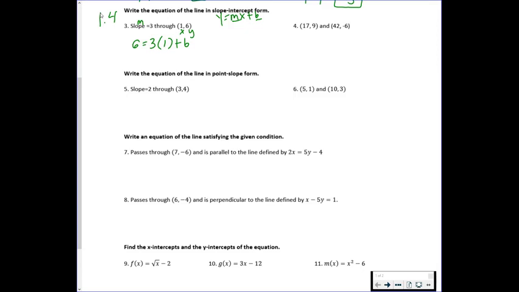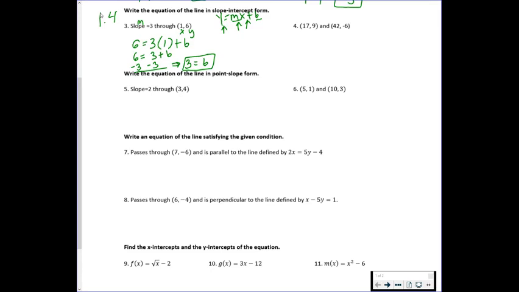Okay, so I plugged in my x and my y and the m. Now I'm going to go find b. 6 equals 3 times 1 is 3, plus b. Subtract 3 from both sides. 6 minus 3 is 3, equals b.